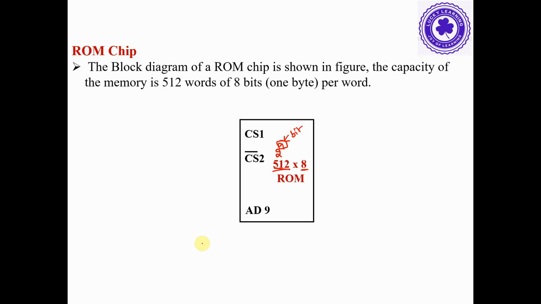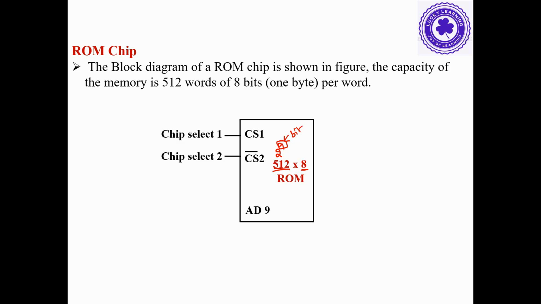It requires CS1 and CS2 complement, and we don't have both read and write control inputs. Why? Because ROM is only for read purpose, not for write purpose. So if the ROM chip is selected, it is for read operation. That's why we don't have read and write control inputs.